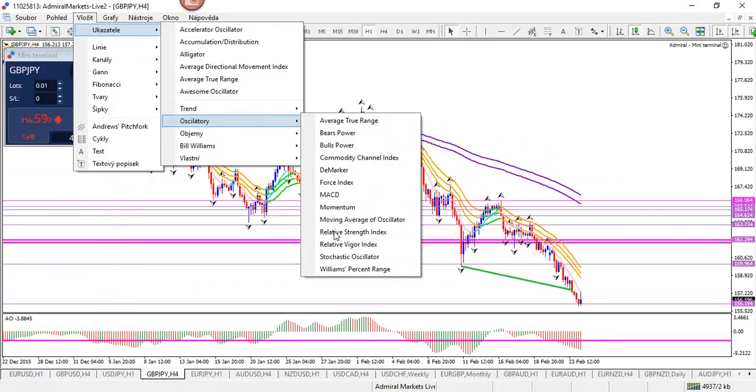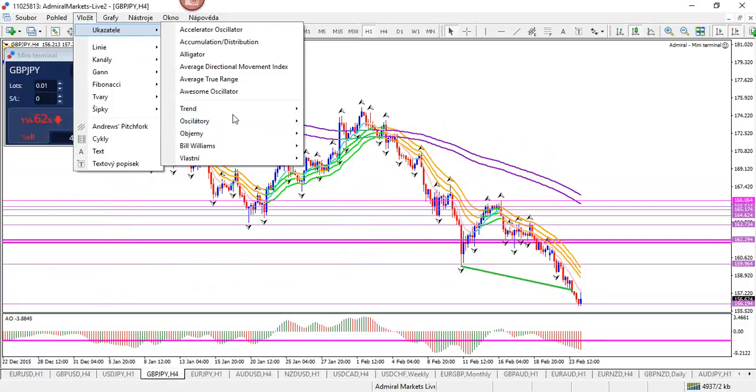But we get this RSI on. I don't know why it's a bit slow at the moment. Oh, there we go. All right.